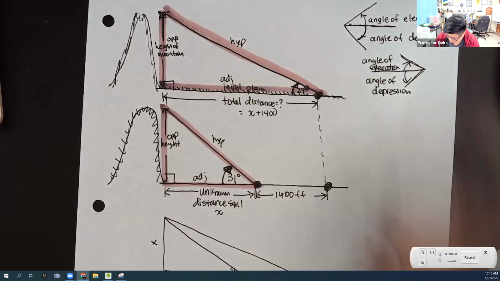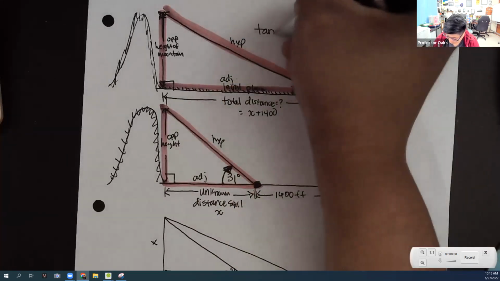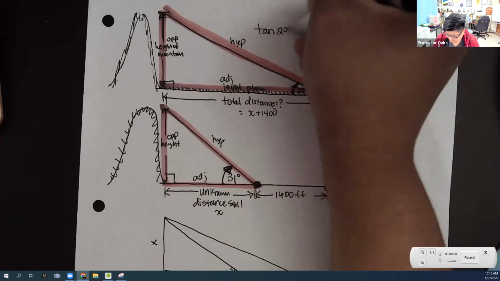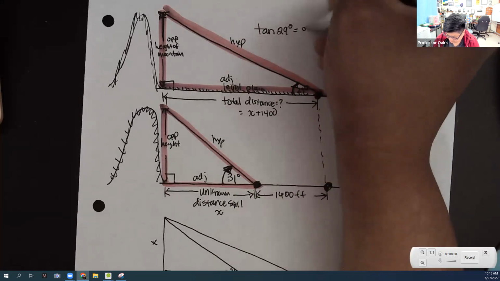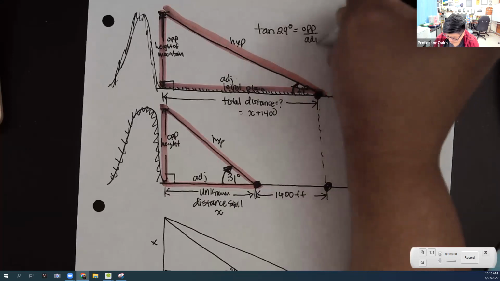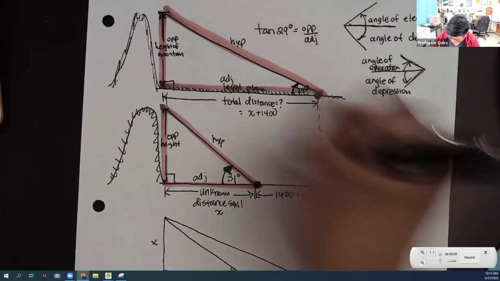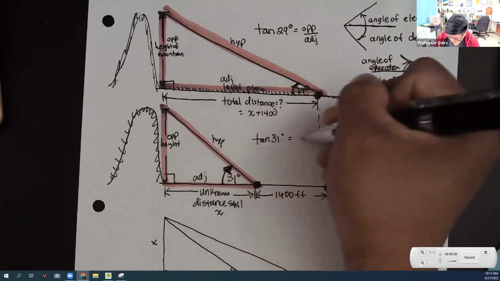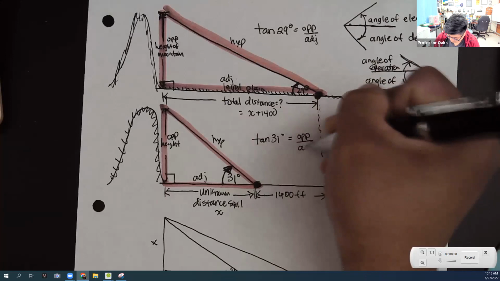So if I use tangent of 29 degrees, that is opposite over adjacent. Here, if I use tangent of 31 degrees, that's opposite over adjacent.